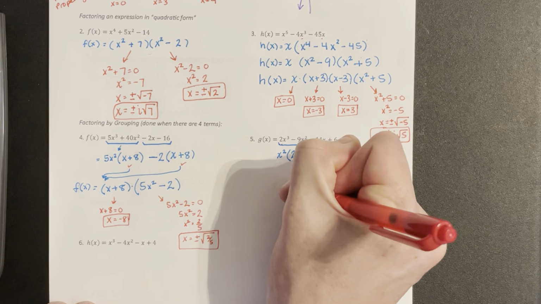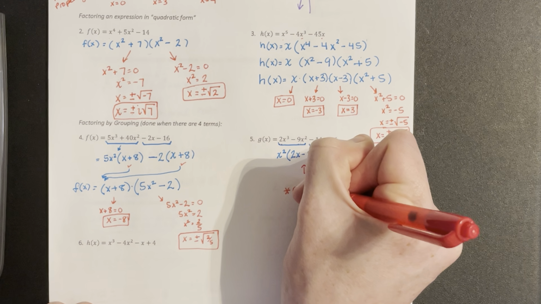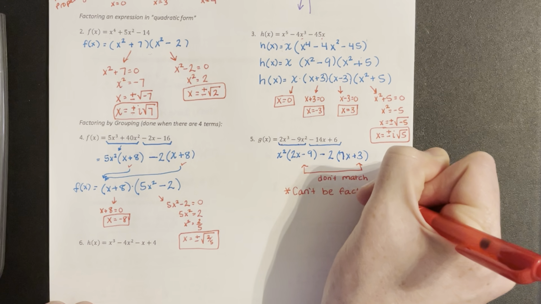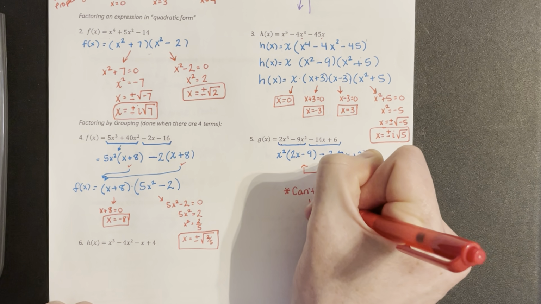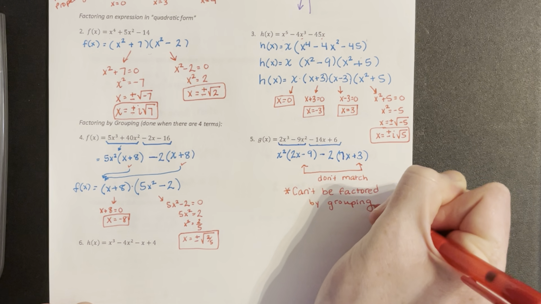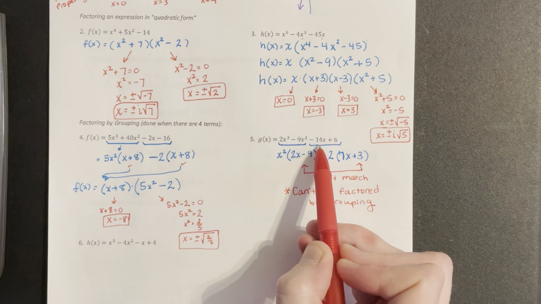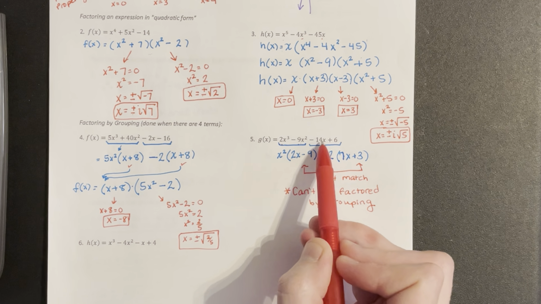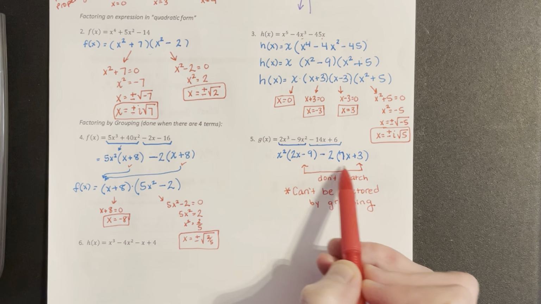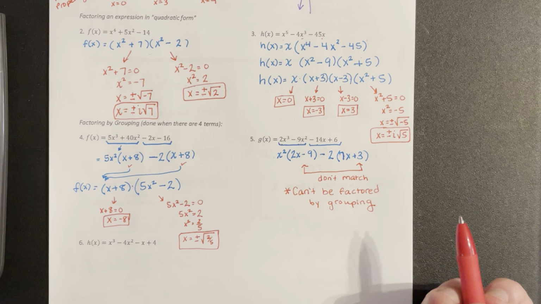So this comes into an important thing for us to realize, is that this can't be factored by grouping. If I worked it out as best I could, pull out a -2 from the next group and an x squared from the first group, but neither one of those is going to end up giving me something that matches.